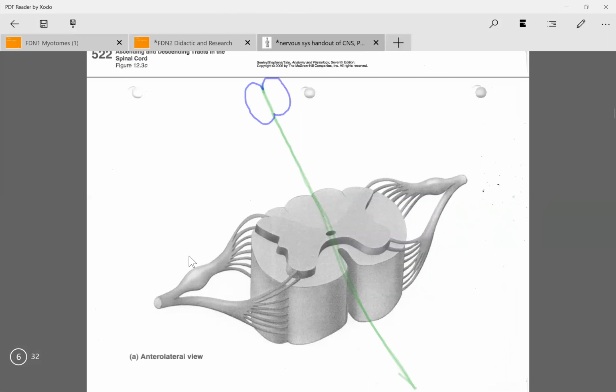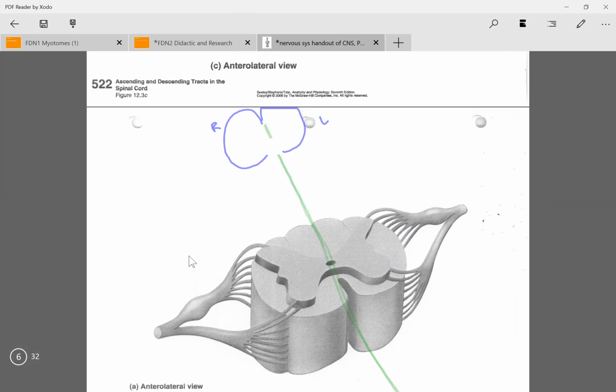Okay, this is a frontal, like, cross section of the brain so that you have a right side of the brain and a left side. Also, we're going to put in here the brain stem. The brain stem and the thalamus.